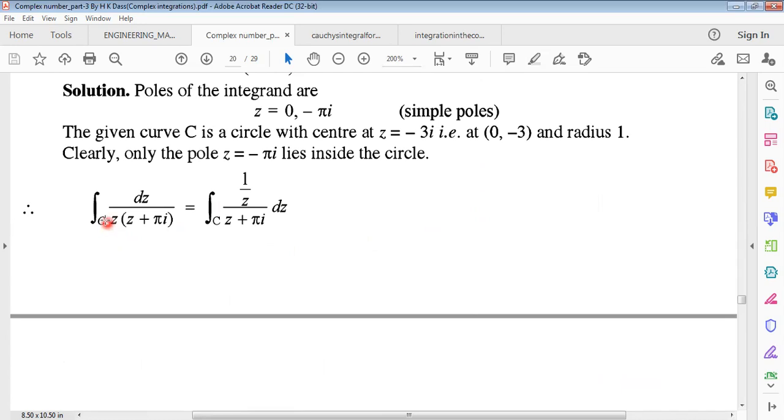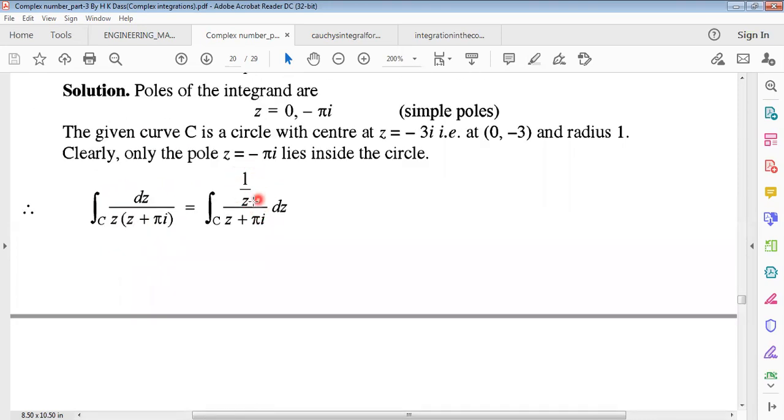Now this integration can be written by dividing by the other pole z, dividing by z in both numerator and denominator. That means 1 by z here, and z plus pi i divided by z plus pi i.